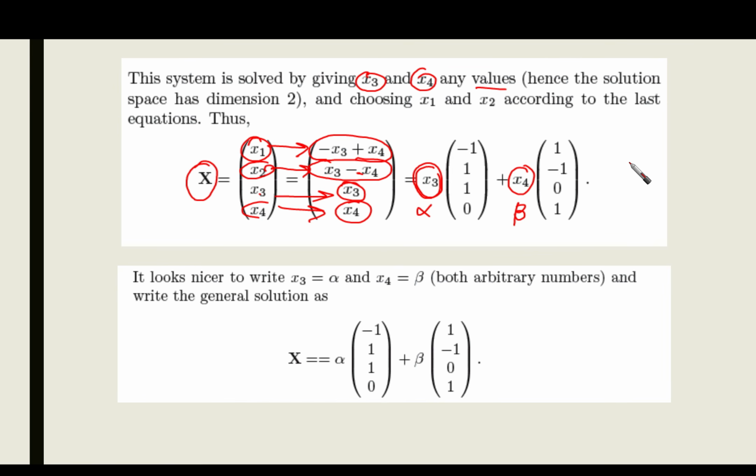That's the form that we need to have. And both are arbitrary numbers. Okay? And the final solution is going to be x equals alpha and beta times the column vectors, as you can see here.